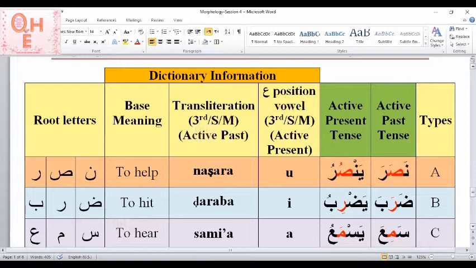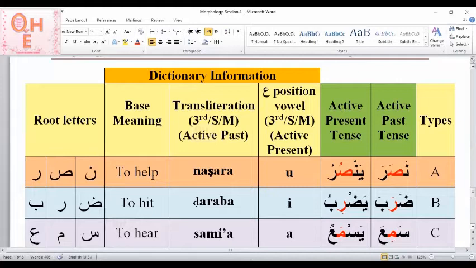Then letter R and A gives me ra fatha. So this is how you get nasara. The dictionary is telling you this is the transliteration of the third person singular male active past. If I read the English, it's nasara. In Arabic, it will turn out nasara.